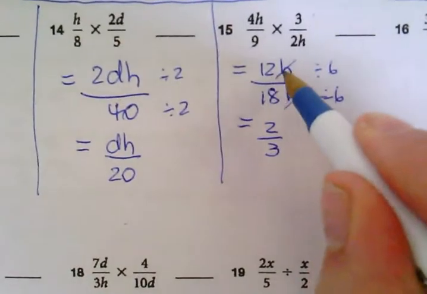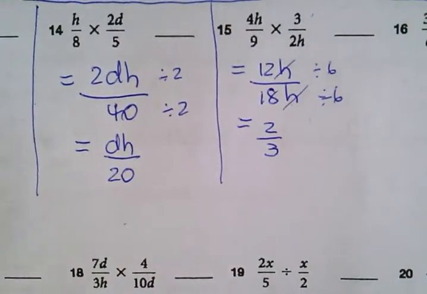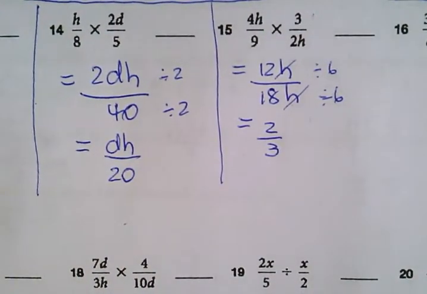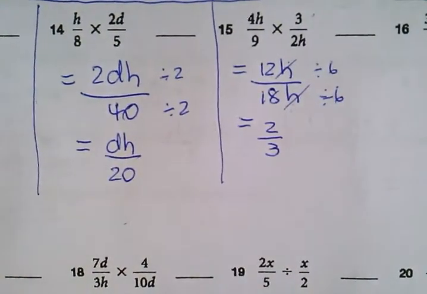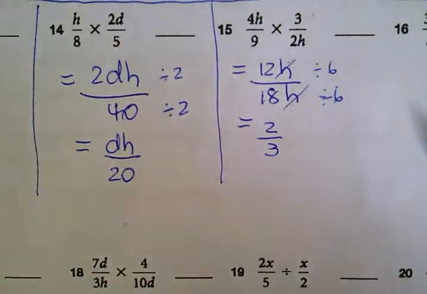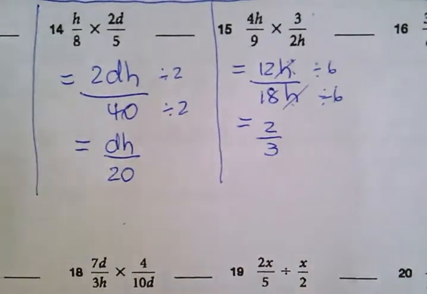So this means 12 times h over 18 times h. If you had 5 over 5, you would put 1. h over h, that's something divided by itself. h just stands for a number, and the numbers that h stands for have to be the same, otherwise it'd be a different letter. So anything divided by itself is 1.